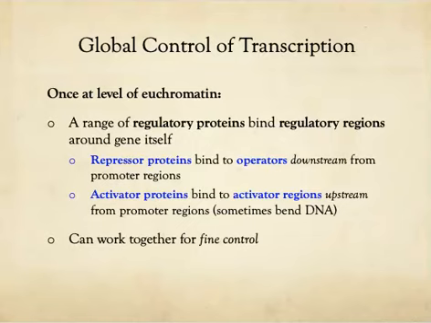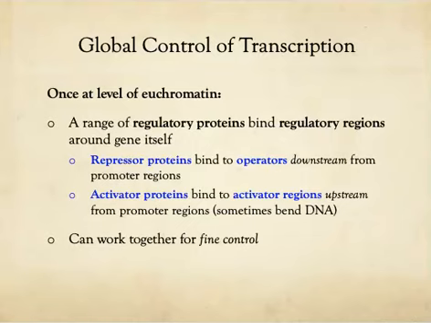There are two big broad categories of these types of regulatory proteins that we need to be familiar with. The first kind are called repressor proteins, and the second kind are called activator proteins. I like the names of these proteins because they tell us what they do. Repressor proteins are going to be used by the cell to repress gene expression. Activator proteins are going to do the opposite. They're going to help upregulate gene expression.